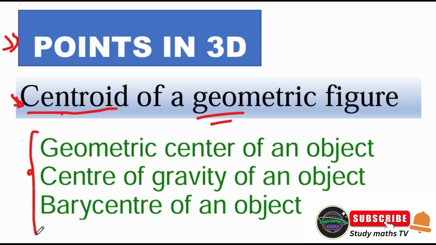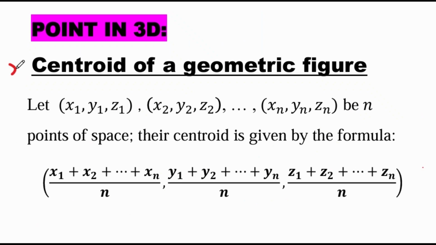Let's start this course. Centroid of a geometric figure. We have a definition. Let x1, y1, and z1, x2, y2, and z2, up to xn, yn, and zn be endpoints of space.